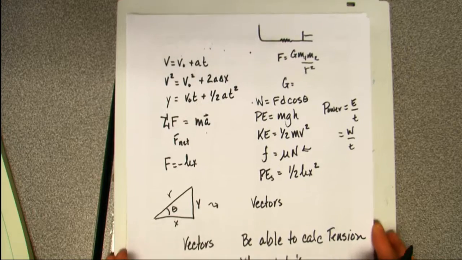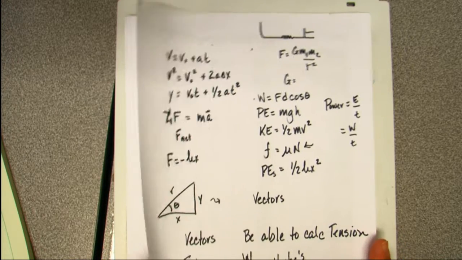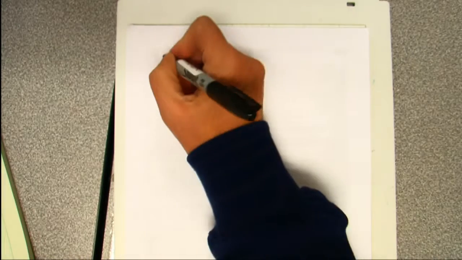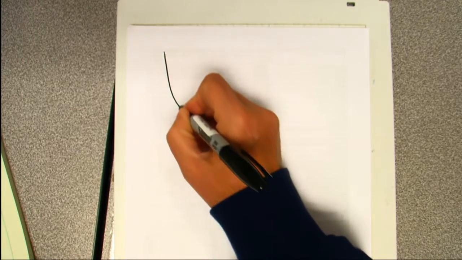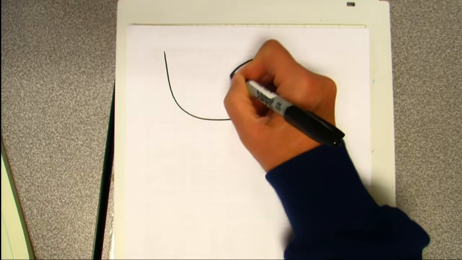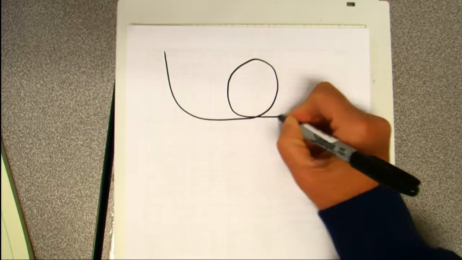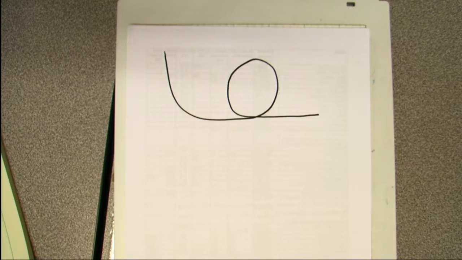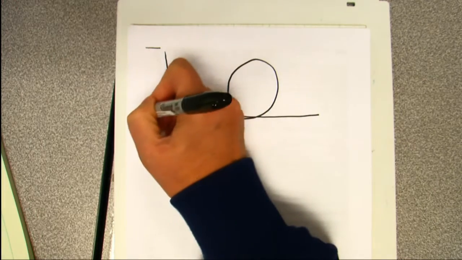All right. So let's do the loop-to-loop problem. I have a loop, and we're going to start off at a height h.